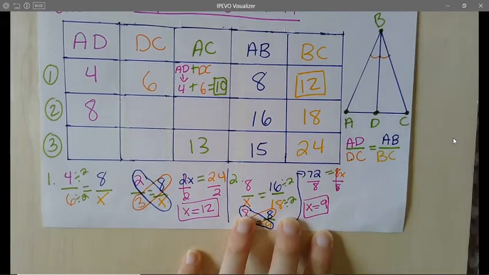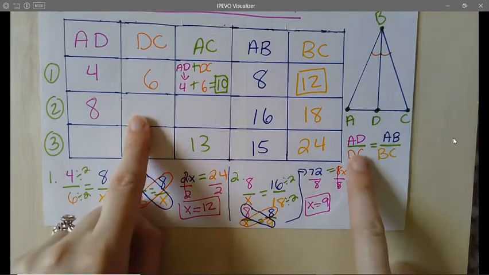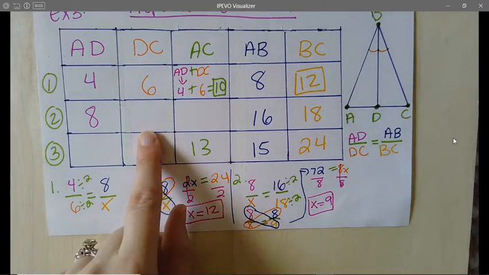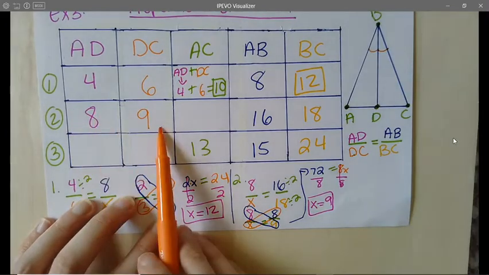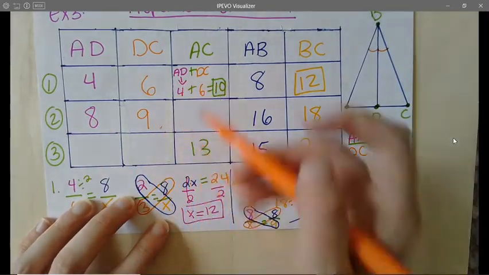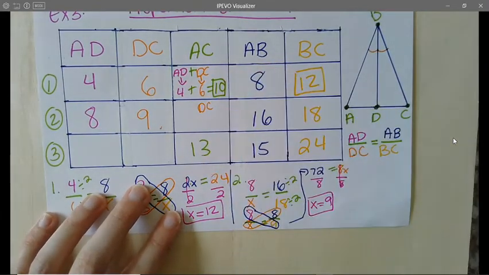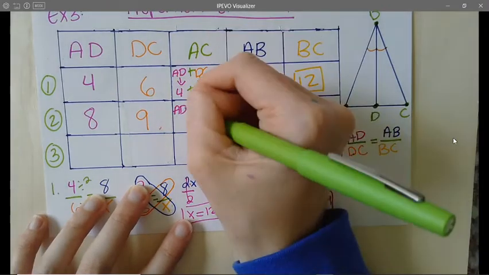Okay, so my missing side in this case is DC. That's the side I didn't know. I put an X there, if you guys see. Okay, so DC I now know is 9. Which now that I know AD and DC, like before, I can add them together to get AC. So I'm going to add AD and DC together to get AC.